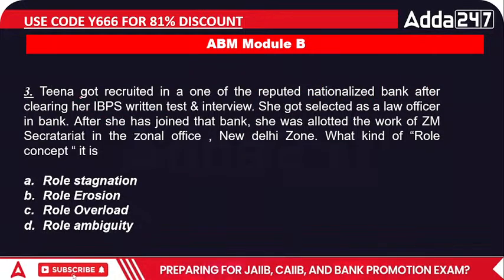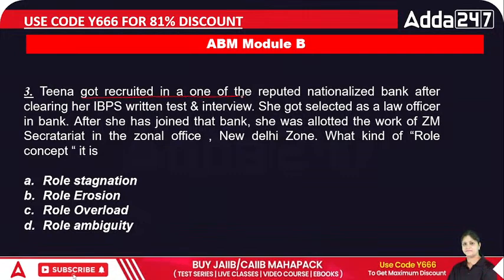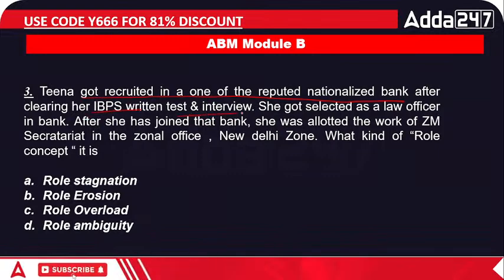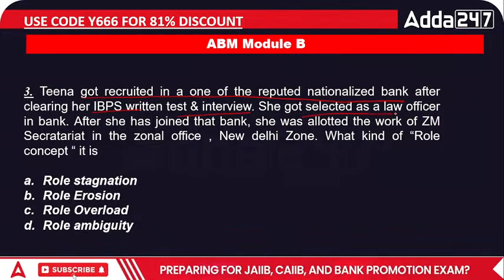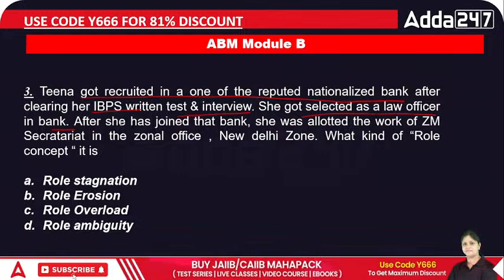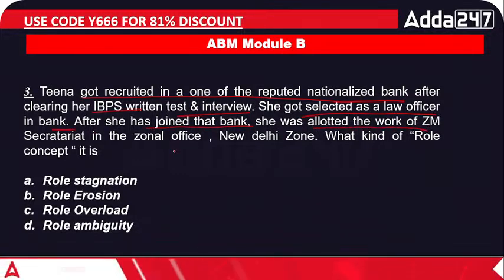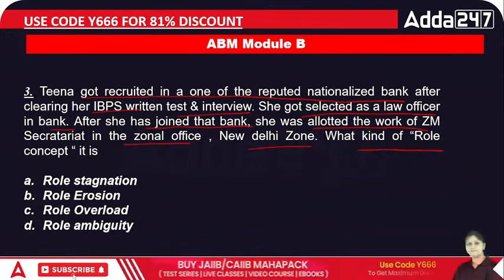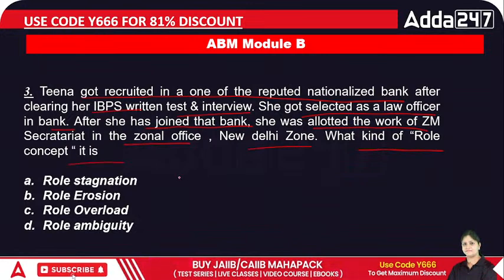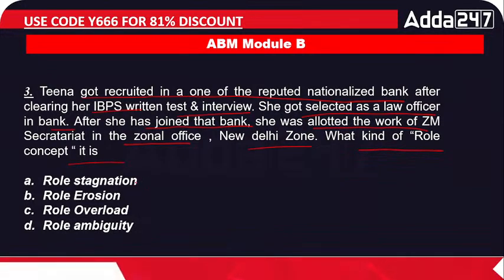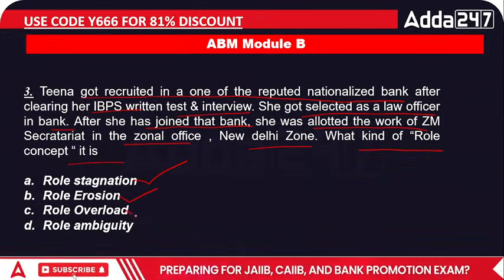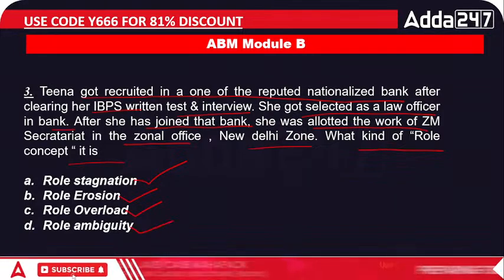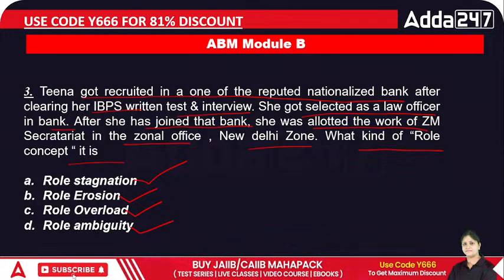Third question is, Tina got recruited in one of the reputed nationalized banks. After clearing her IBPS written test and interview, she got selected as a law officer in a bank. After she joined that bank, she was allotted the work of ZM Secretariat in the zonal office, New Delhi zone. What kind of role concept is it? In the chapter of human implication, we have gone through all the 4 role concepts: stagnation, erosion, overload and ambiguity.